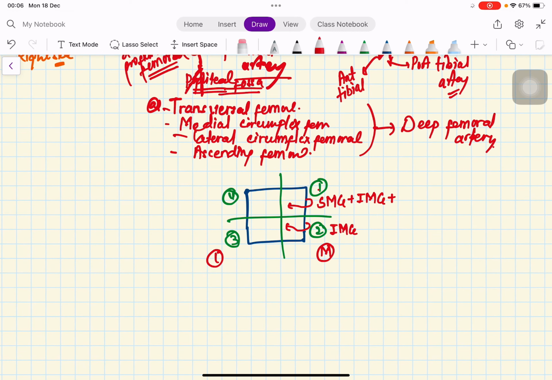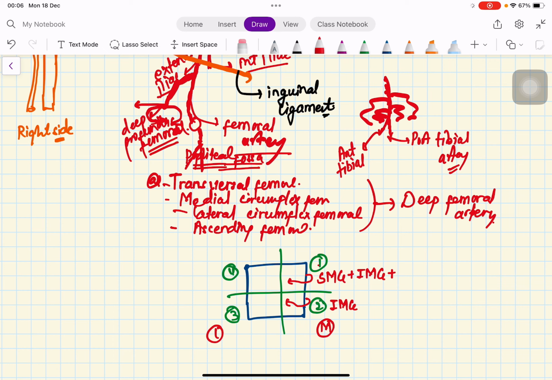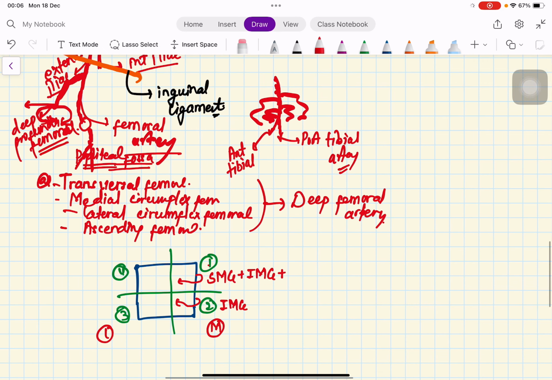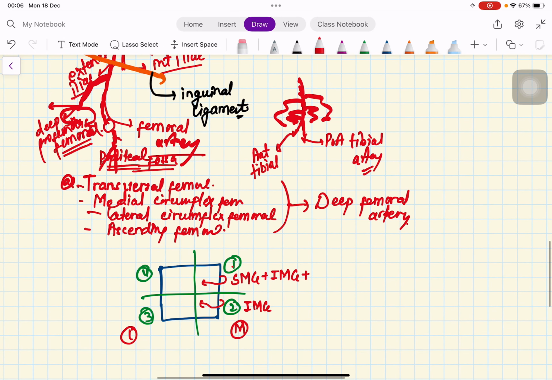one thing I have forgotten to discuss. This femoral artery, at the popliteal fossa, will give one major branch, and that's called the descending genicular. Okay, so it will give it like this.